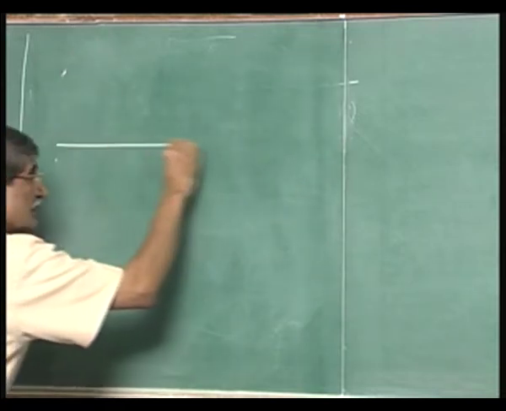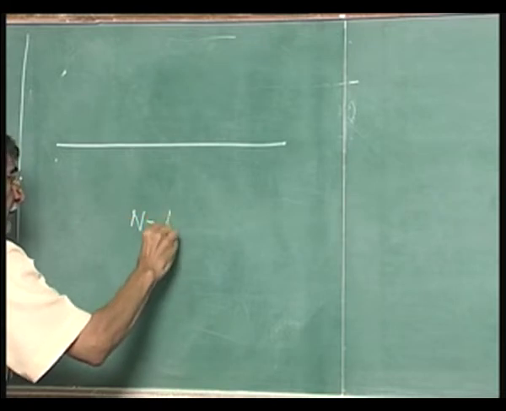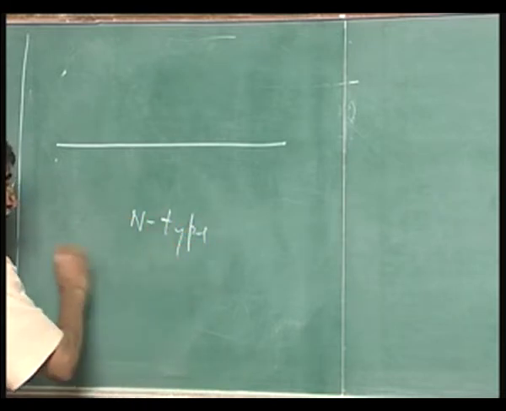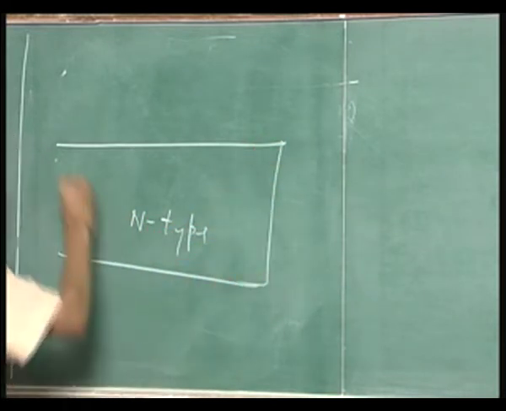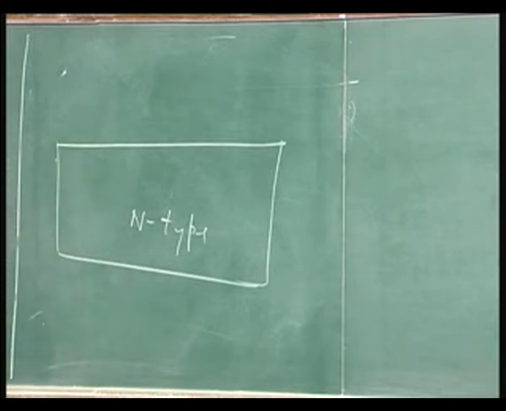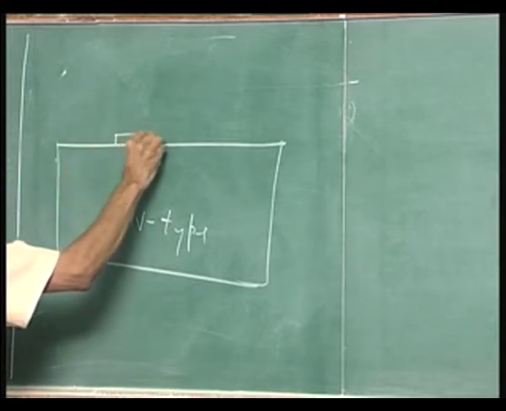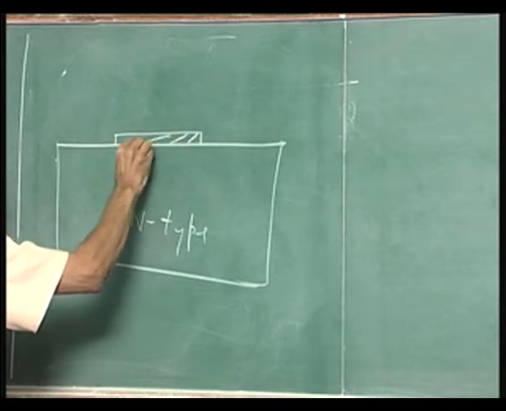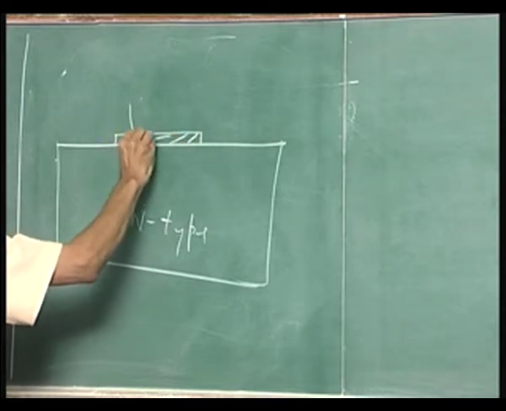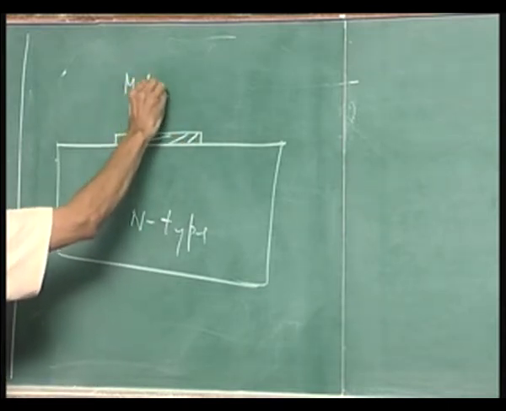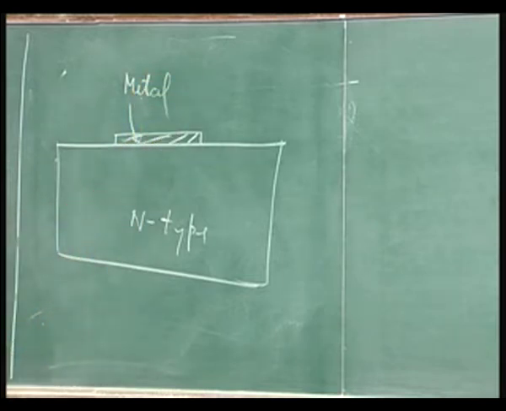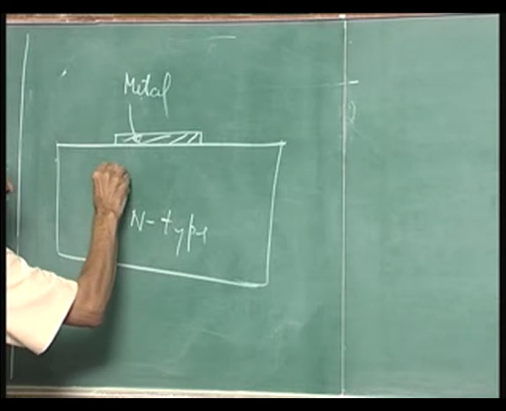So, what I am doing is, I have this n-type semiconductor on which I just put this metal, a metal which forms the Schottky barrier. The depletion layer here will be practically flat.